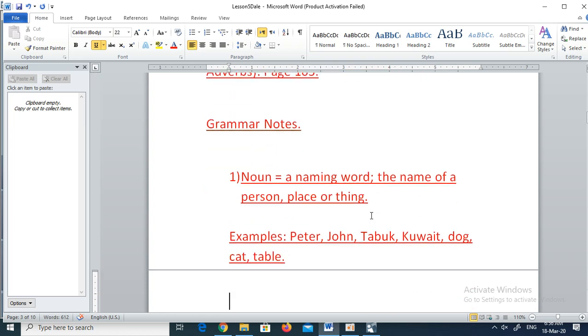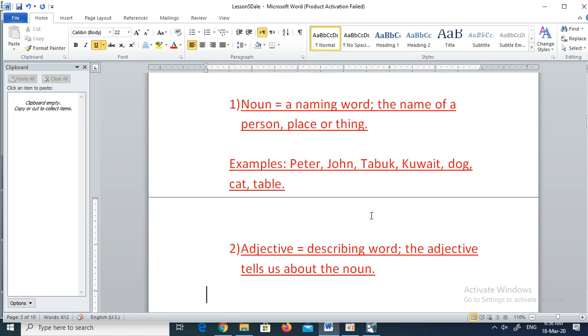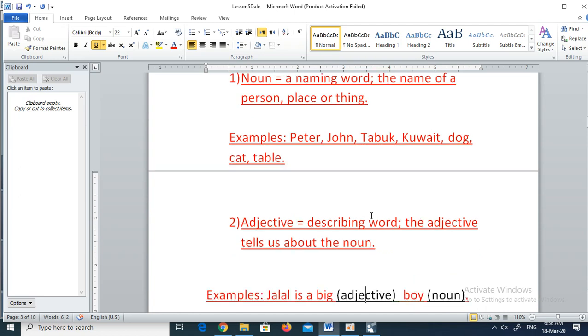First of all, we need to understand some terms. The first term I want you all to understand today is the word noun. I'm sure you have all heard that word noun before. A noun is a naming word. It gives us the name of a person, it gives us the name of a place, or it gives us the name of a thing.